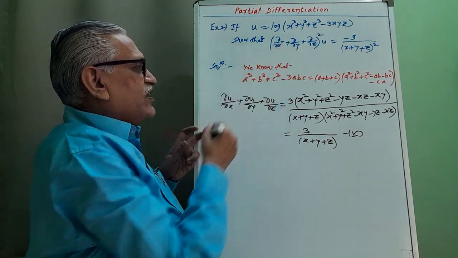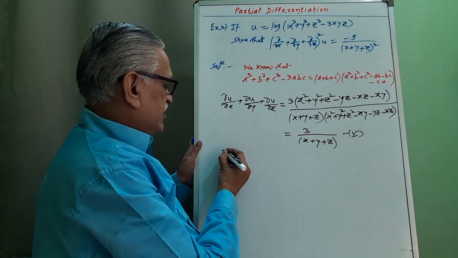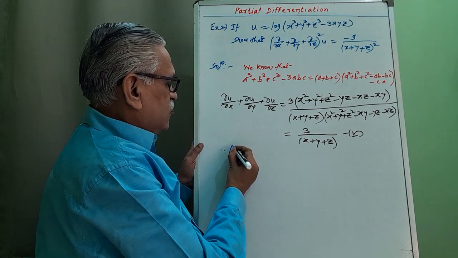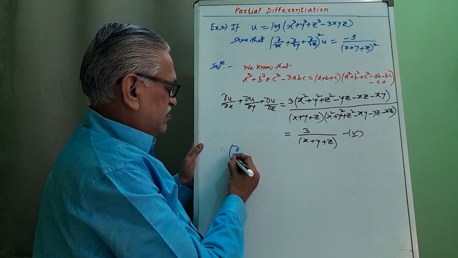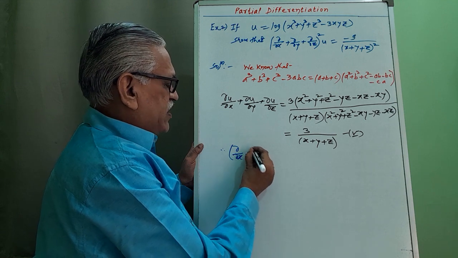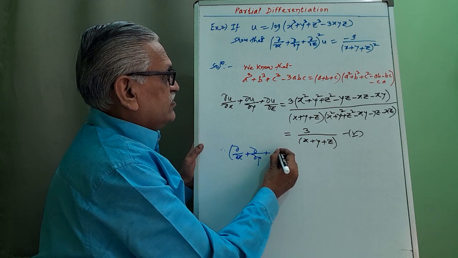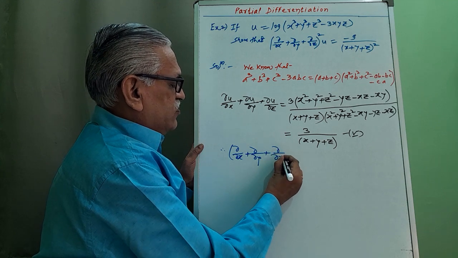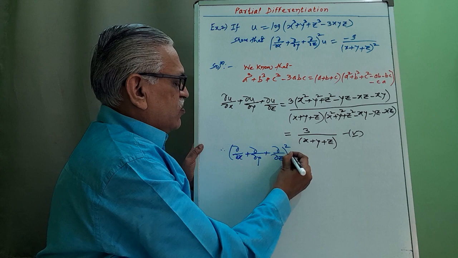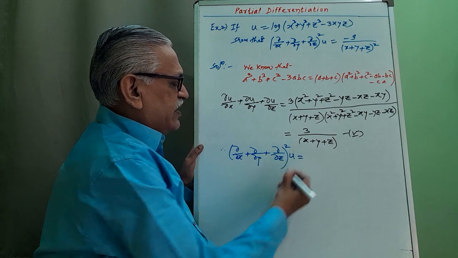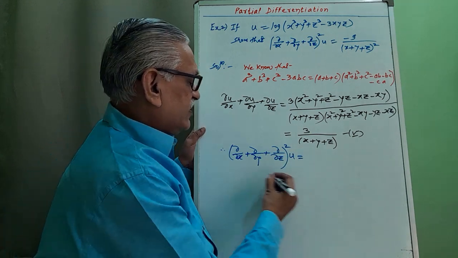And therefore the required result: (∂/∂x + ∂/∂y + ∂/∂z) squared operated on u we can rewrite as follows.